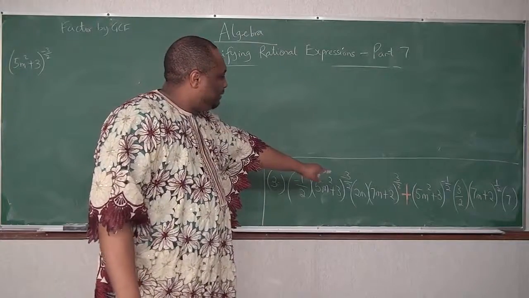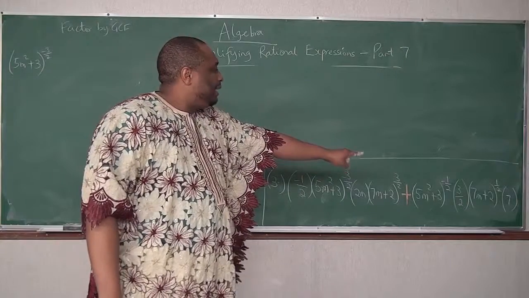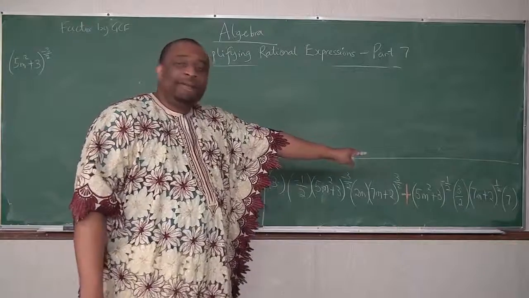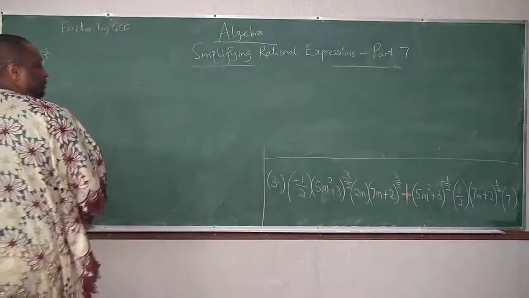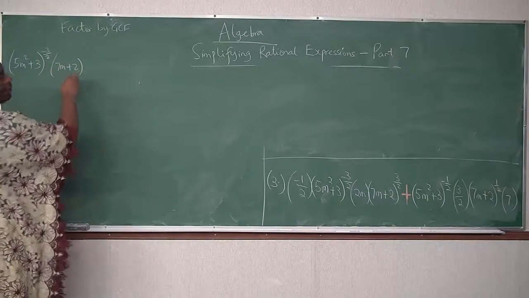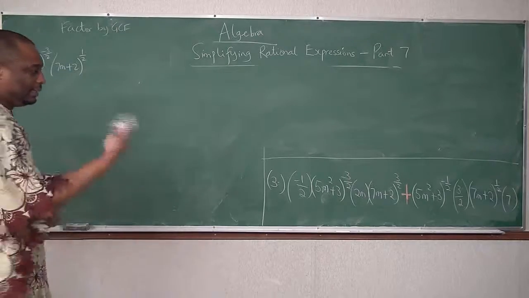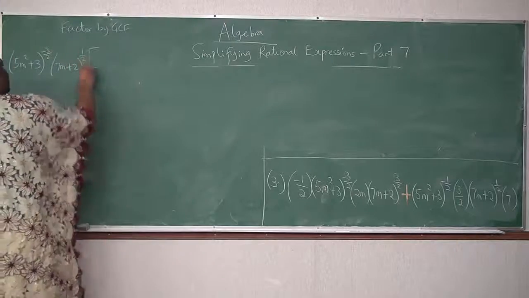Then here we have 7m plus 2 exponent 3 over 2, and here we have 7m plus 2 exponent 1/2. 1/2 is smaller than 3 over 2, so we bring out 7m plus 2 exponent 1 over 2. And 7 doesn't have any brother here, so we bring this out.